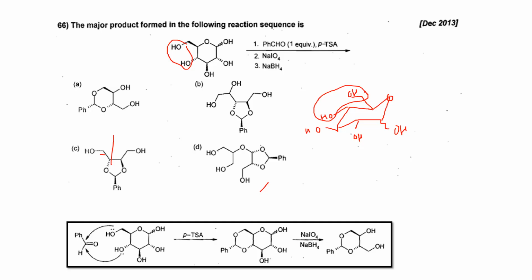Now if you give NaIO4, it undergoes a ring cleavage from here, forming this.